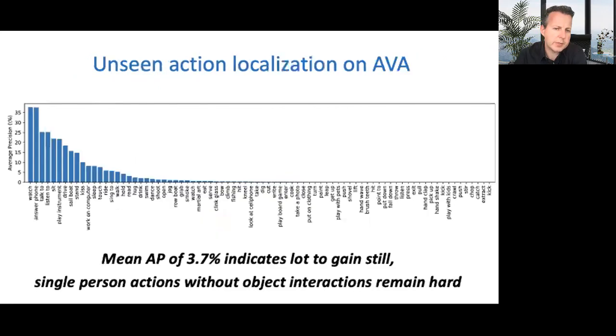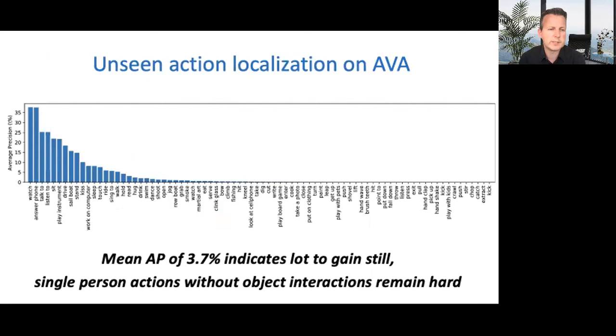We also did an experiment on the challenging AVA dataset. This is the first zero-shot action localization result ever reported on AVA. We score a mean average precision of 3.7%, which is very modest and indicates that there's still a lot to gain in zero-shot action localization.